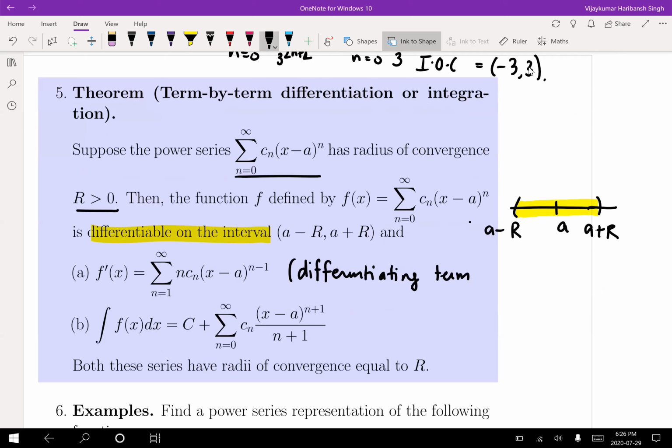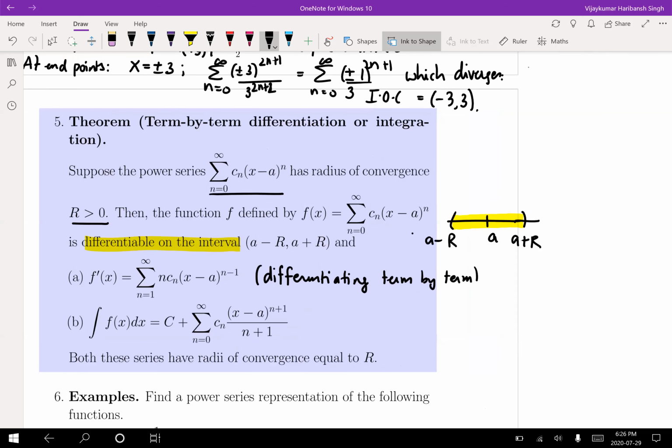Because now you can write, for example, here you take the derivative on both sides. So if you differentiate on both sides, we get f prime x.